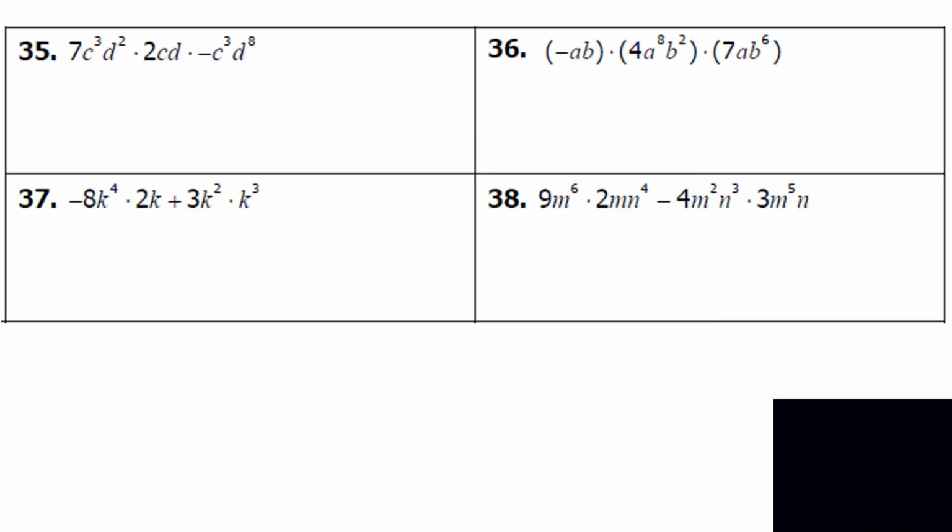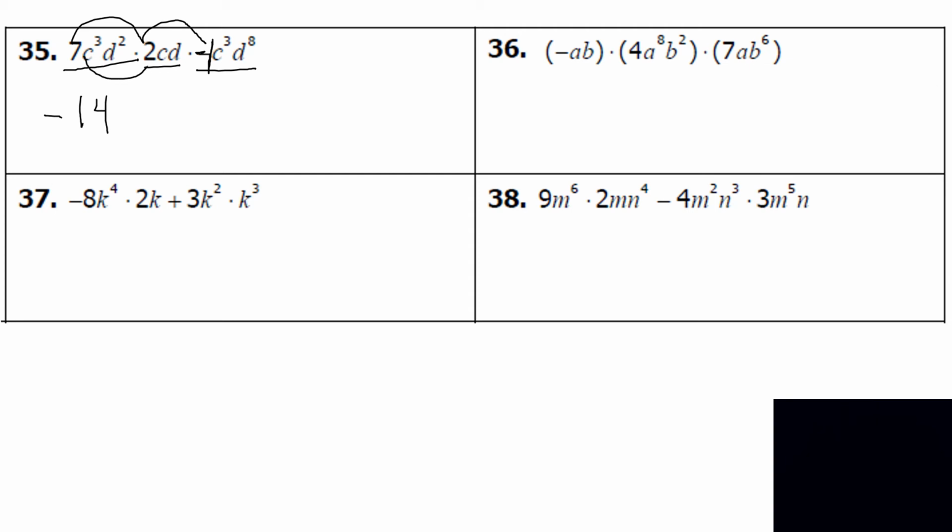All right, last few. If you look here, I have 7c cubed times 2cd minus c cubed d to the 8th. Technically there's a -1 here. So 7 times 2 is 14. 14 times a -1 is -14.